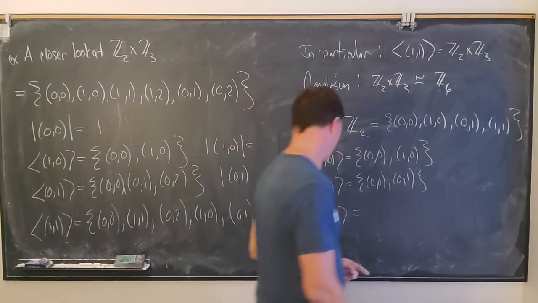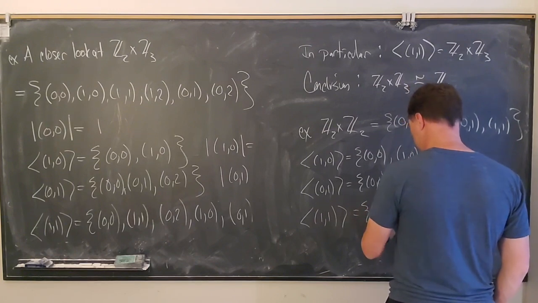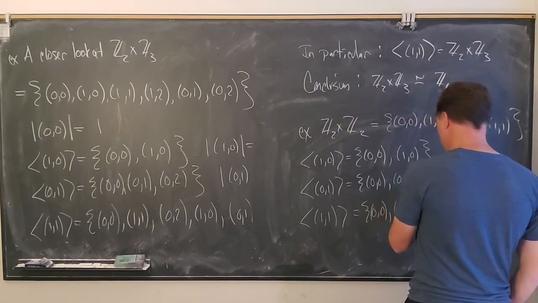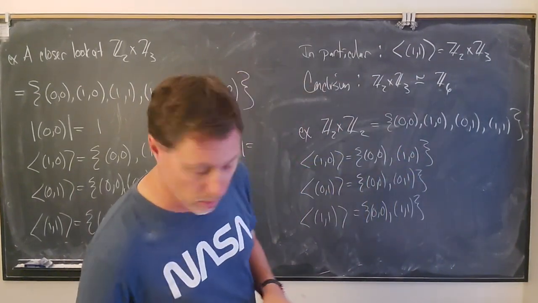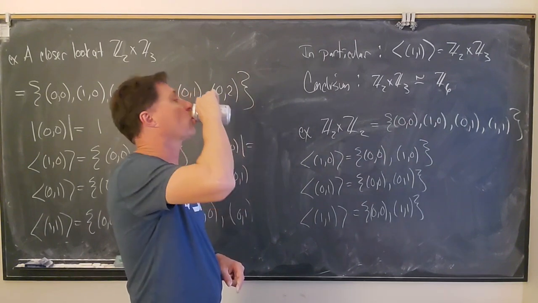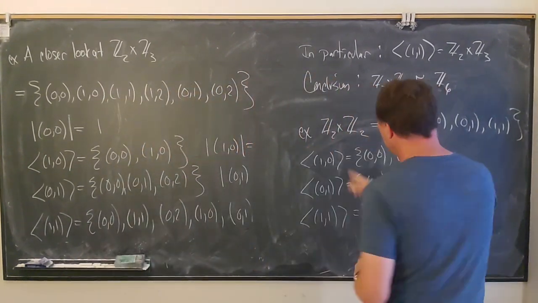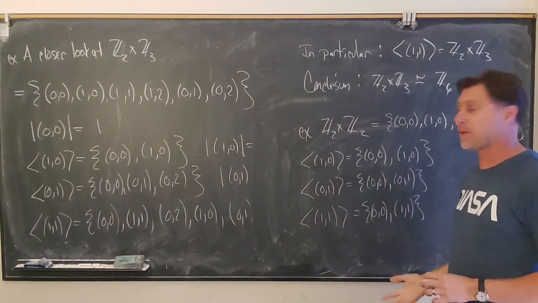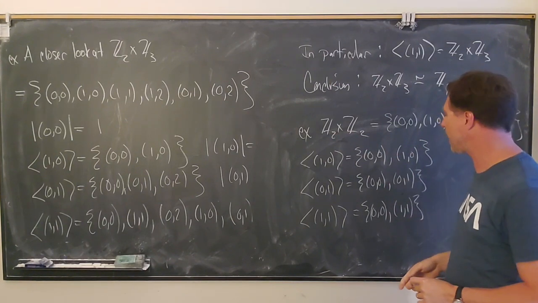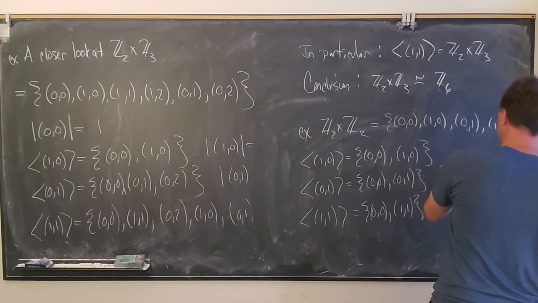And so now the subgroup generated by (1, 1), it's got the identity, it's got (1, 1), and now if you add (1, 1) to itself, you get the identity back, so this element has order 2 also. So what I did, I ran through all non-trivial elements of Z2 cross Z2, looked at the subgroup generated by them, and we never got Z2 cross Z2 back. In other words, Z2 cross Z2 is not cyclic.